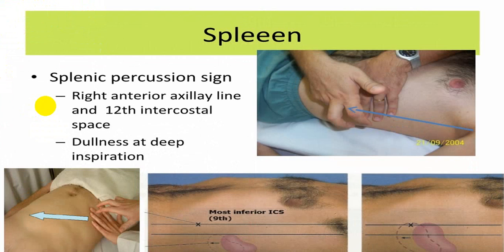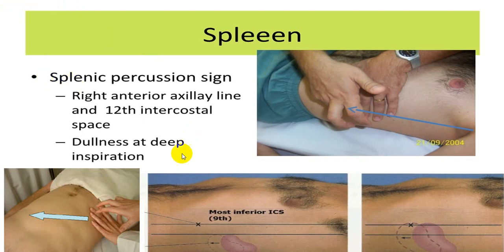As far as the spleen is concerned, it is extremely difficult to percuss a spleen of normal size, because the spleen is a very small structure, and between the spleen and the external surface there are a lot of other structures. In the anterior axillary line close to the 12th intercostal space, it is very difficult.